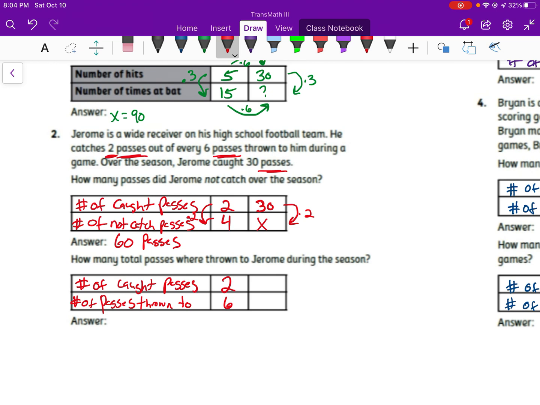Okay, again, above we were talking about not catches and catches. So 6 is that total number of passes, which is what we were talking about in this case. So we're going to use that 30 again here. And again, I would use that vertical strategy here. Times 3, which is going to give you 90 passes. So Jerome had 90 passes thrown to him.